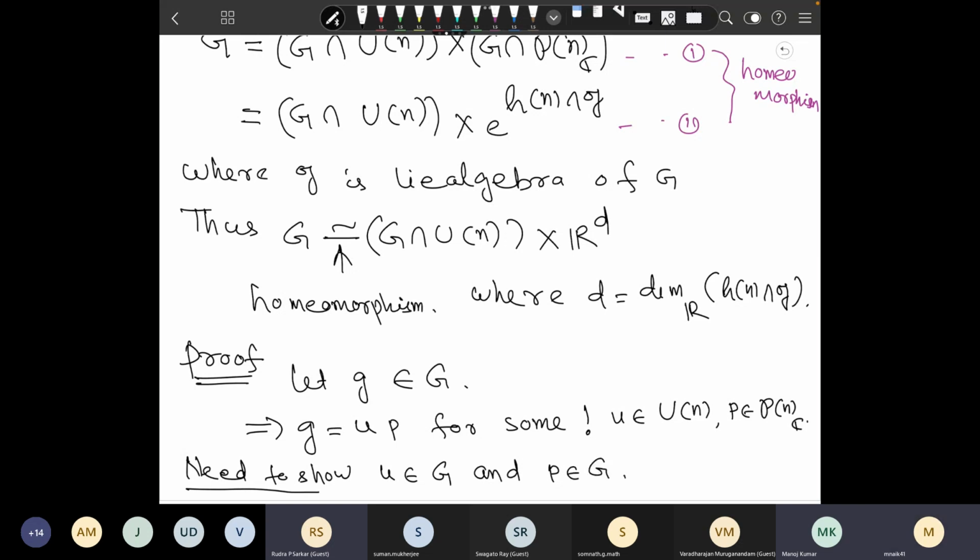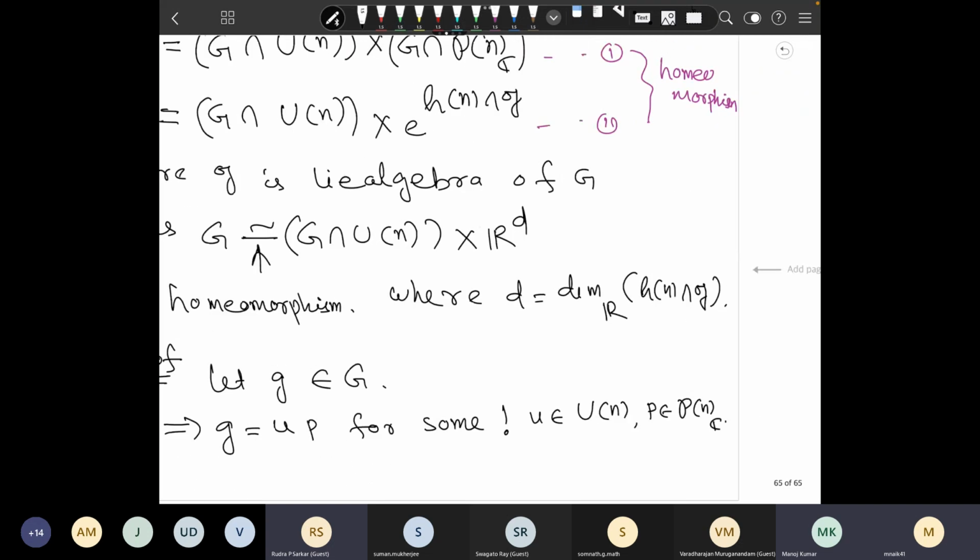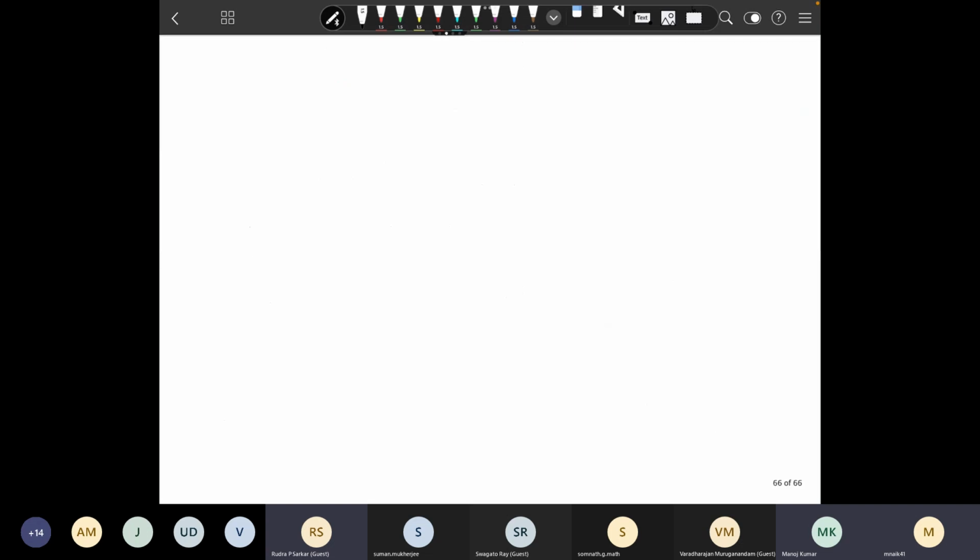So the claim: U belongs to G and P belongs to G. We have g equal to UP.